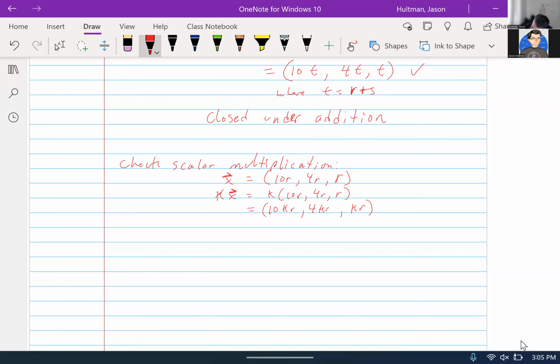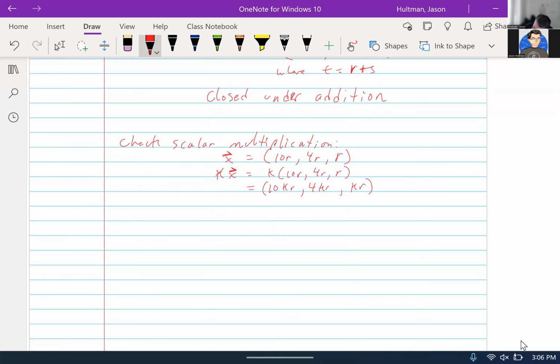Since K and R are just elements of the real numbers, I can group it in such a way that makes it easier to see that we get something that has the same properties as the original, because again, we're just going to let KR be equal to T. So this would be equal to 10T, 4T, and T. We start with R's and we end up with T's.